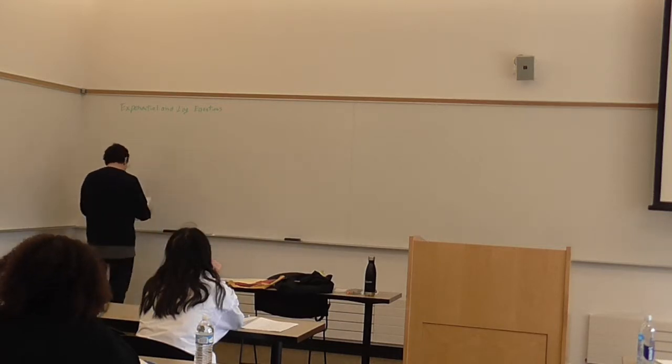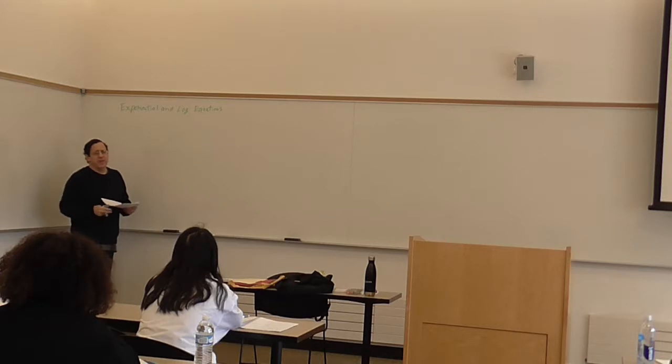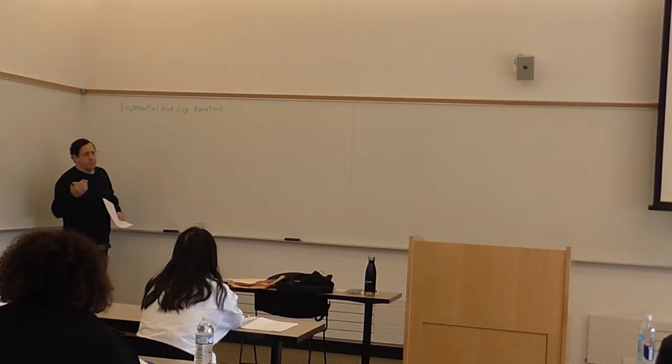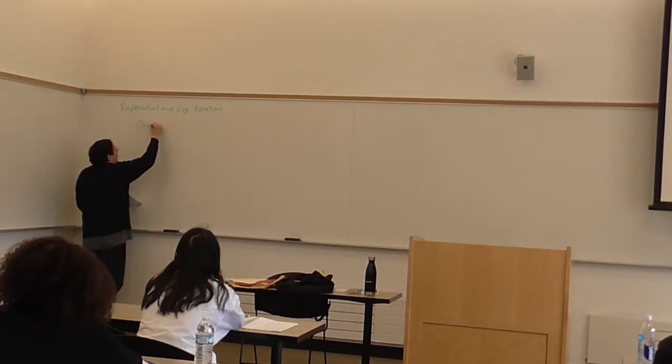Okay. If you look at the book, it makes a big deal out of something, which is not a small deal: the fact that both exponential and log functions are 1-to-1.